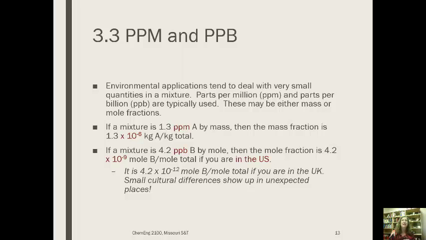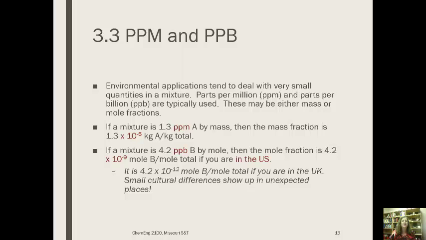And so we tend to have environmental regulations that deal with these very small quantities. They tend to be based on part per million or even part per billion. They can be in either mass or mole fractions. Again, typically mass means it's liquid or solid. Typically mole means it's a gas, but it doesn't have to be that way.